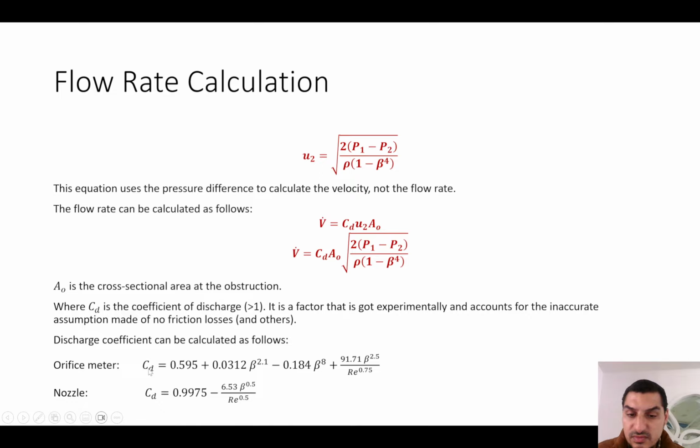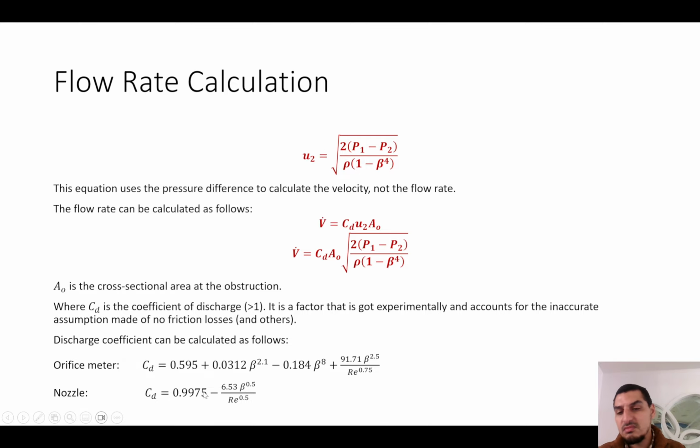So we have these equations that we can use to get the coefficient of discharge. This is for the orifice meter. The orifice meter is going to be around 0.6, plus or minus. But of course, this will give us the most accurate coefficient of discharge. For the nozzle, it's smaller losses, so it has a higher coefficient of discharge.